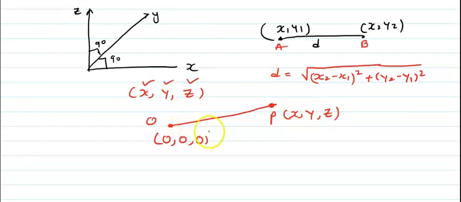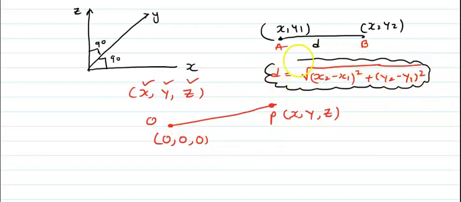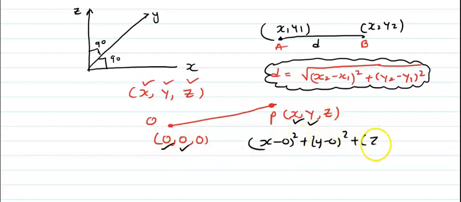So how are we going to find it? We use the same formula here. For 2 dimensions, we used (x2 minus x1) whole square plus (y2 minus y1) whole square. So here we can use (x minus 0) whole square, then (y minus 0) whole square, and (z minus 0) whole square.